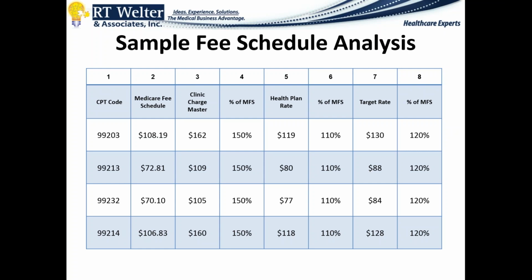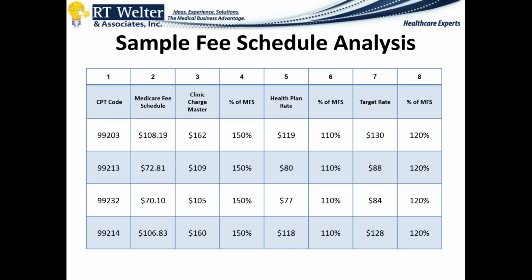You do not want to use the exact figure that you're going to get for billing. You always want to bill higher than what you're going to be reimbursed, and that's just a best practice. So 150% of Medicare would allow you to set your clinic charge master or clinic fee schedule to $162.